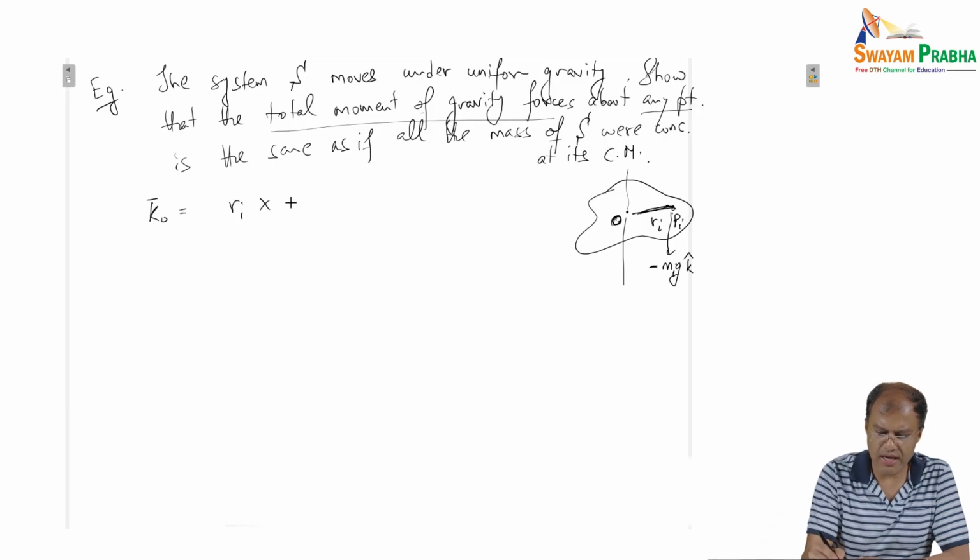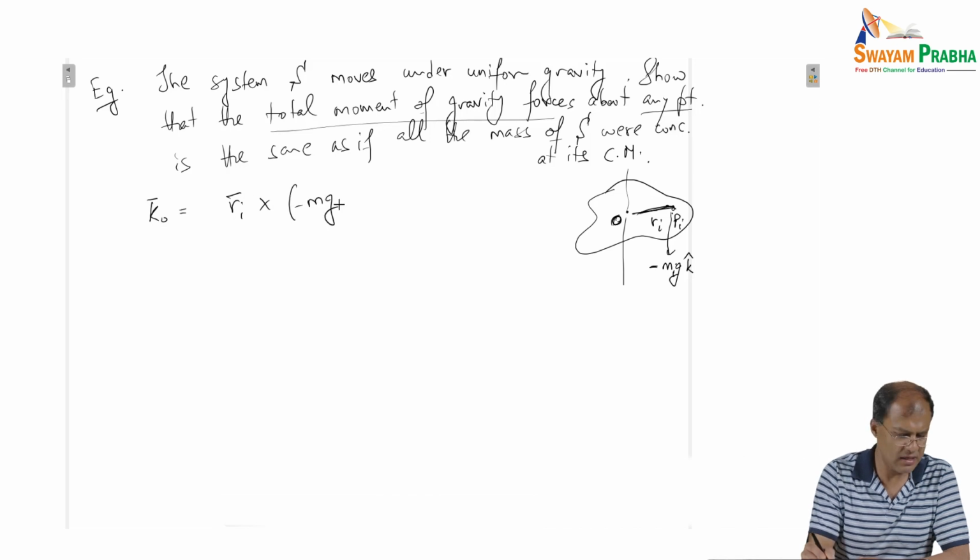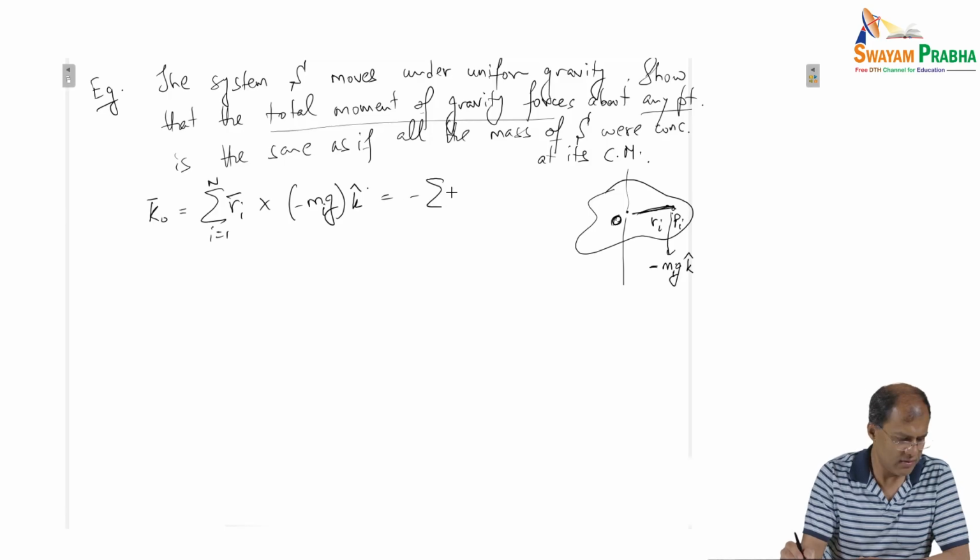So what we have is Ri cross minus mig times k, and we sum up the contribution from all particles i from 1 to n, and what we see is that this is going to be negative summation mi Ri cross g k, with i from 1 to n. Okay, so we can now process this formula a little bit.